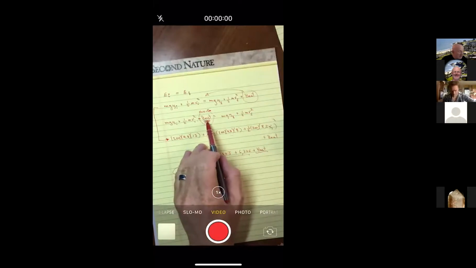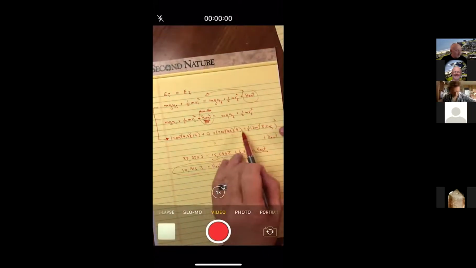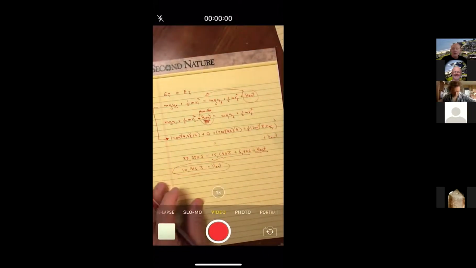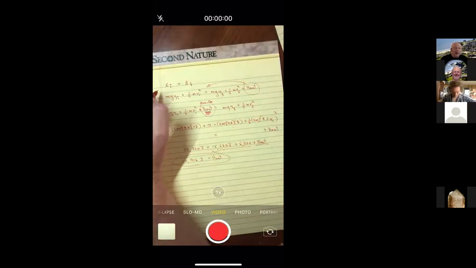You could say it was the non-conservative energy that was lost, or it's the heat energy that was formed, so that all of your energies at the end add up to what you begin with. So that's number 1 on the quiz.